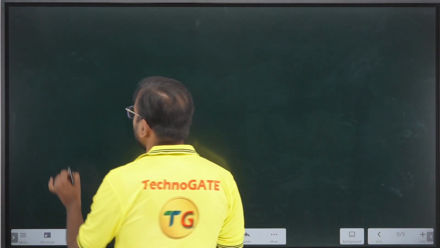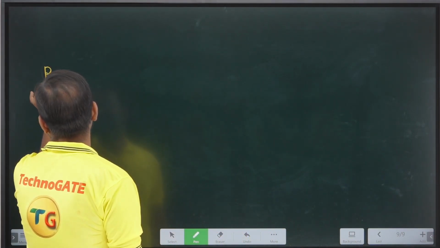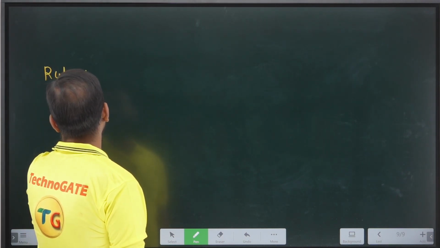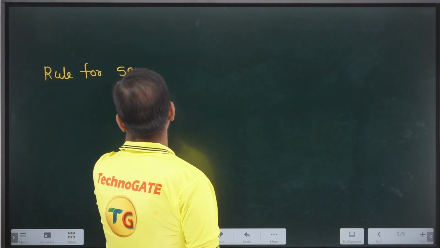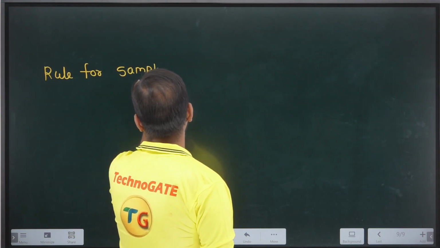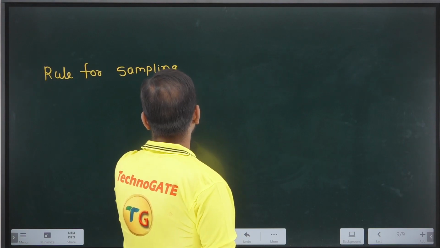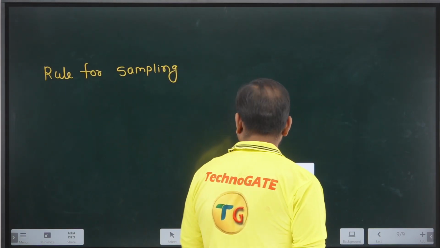So what I am saying is that there is a rule for sampling. And what is this rule?